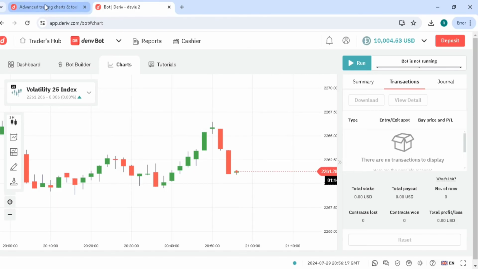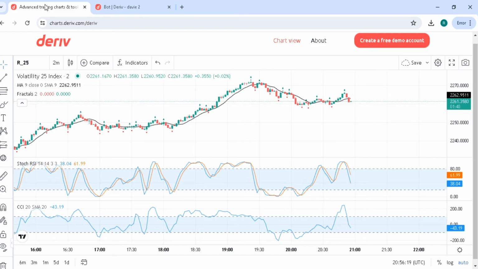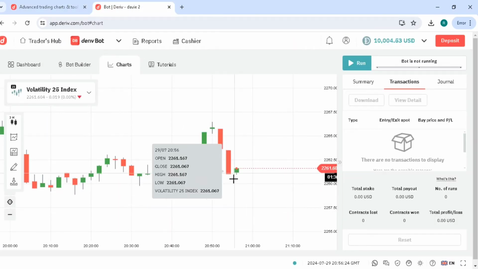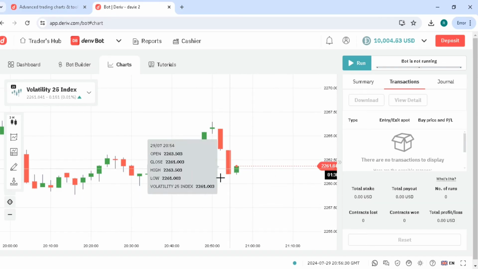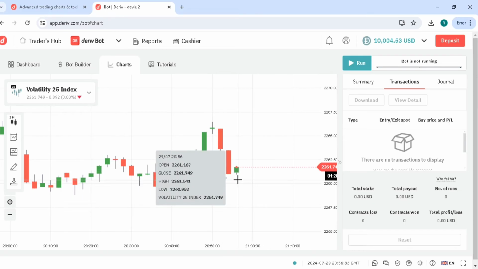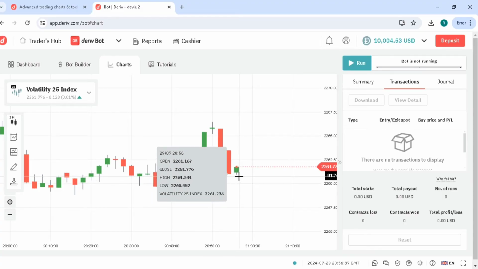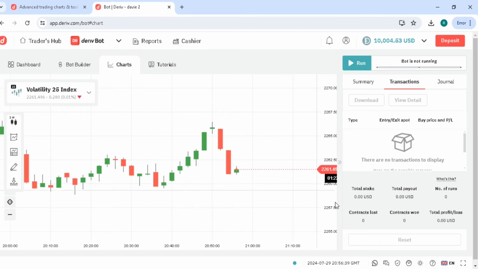So if you've analyzed everything and you realize that it's a fall, indeed it's a fall, although the market is about to change, you consider this candle that is being formed. For this candlestick, if you want to enter a fall market, you can see right now there is a small wick that has been formed on the lower side of this candle. So we enter the market, and this is the first entry point.